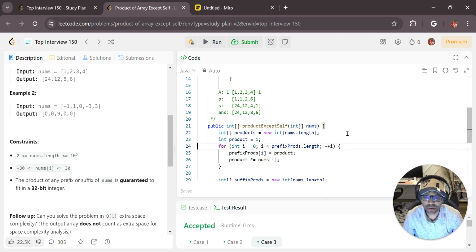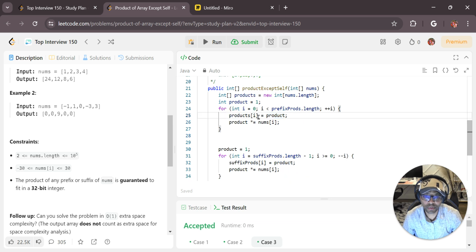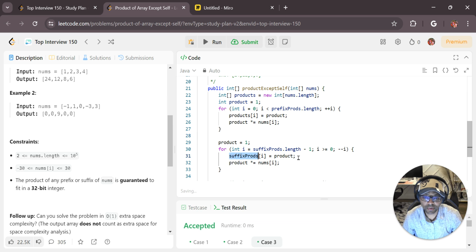Okay, so here we directly say products of i, right? Equal to product. And here it was okay to directly assign it because it was all zeros. So we should assign what is the prefix product there. But here we basically multiply to existing values, right?